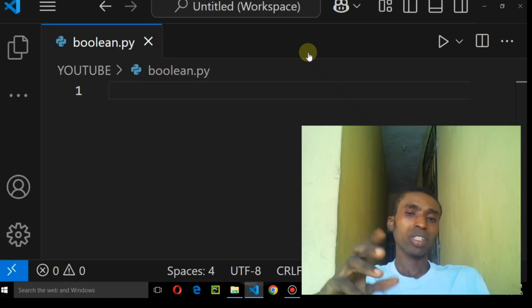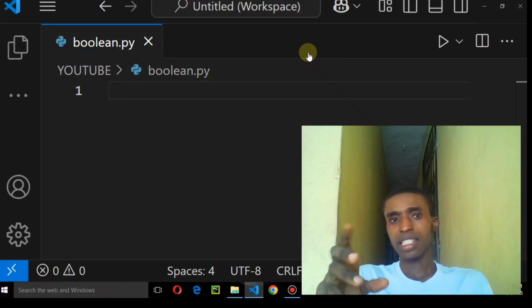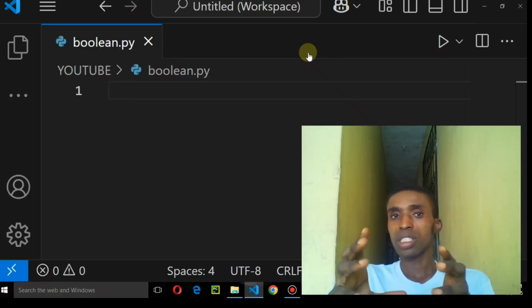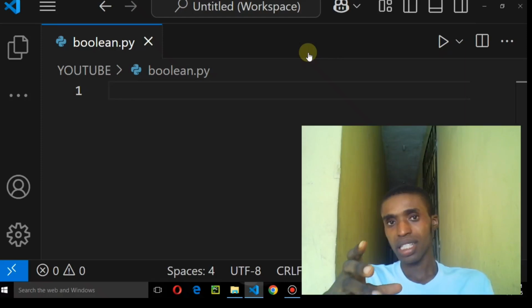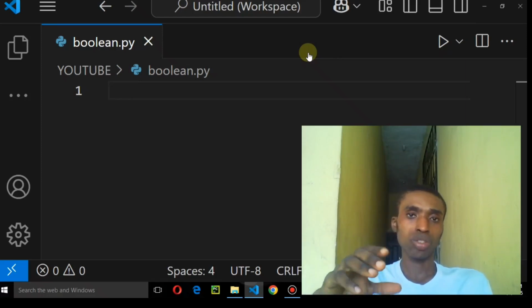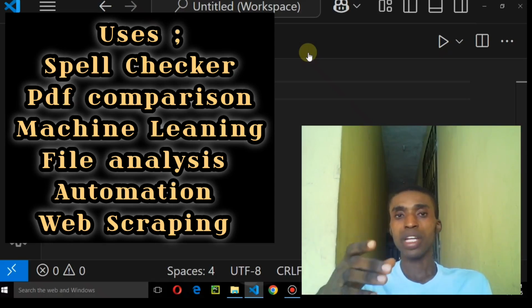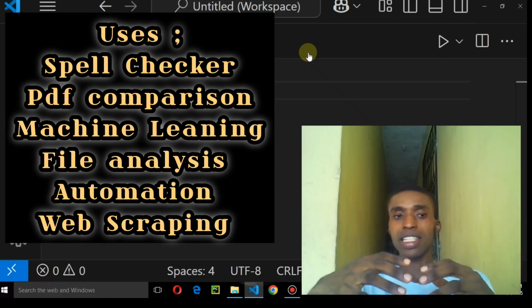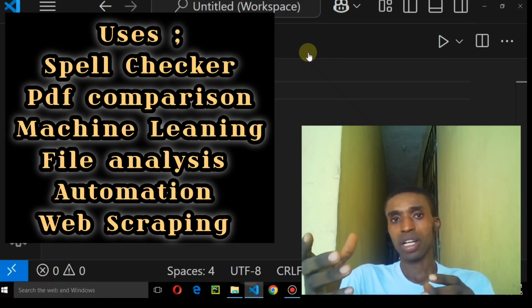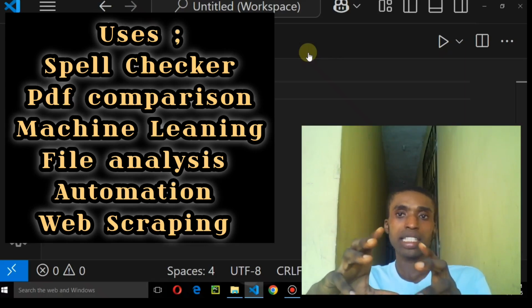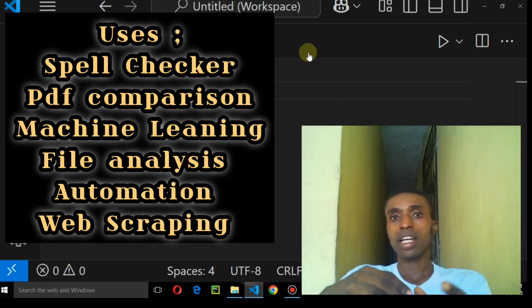So what are the use cases of this library? Like I said, it is used to check two words together to know how closely they are related. That's one of the use cases of difflib. Another is spell checking. Maybe you have the correct spelling and the wrong spelling, and you can check these two spellings together to know how closely they are related and how far off your bad spelling is. Also, like I stated earlier in the video, it can be used for file comparison.